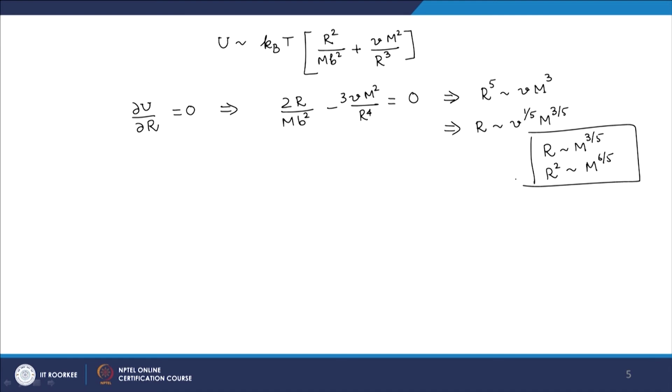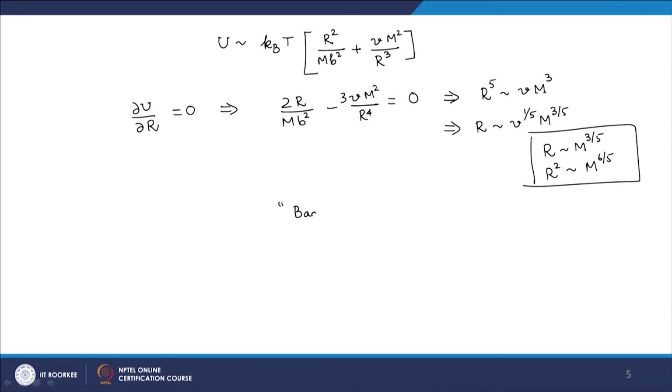Now, let us see how things work out for the bad solvent case. Okay. So, for the bad solvent case, now v is actually less than 0. Okay. So, now in this case you can see that v to the power 1 by 5 will give you an imaginary answer, and that is where you can find that r cannot be imaginary because the size has to be a real number.